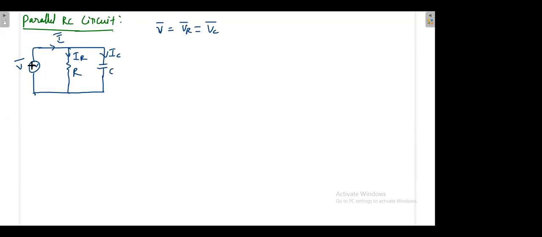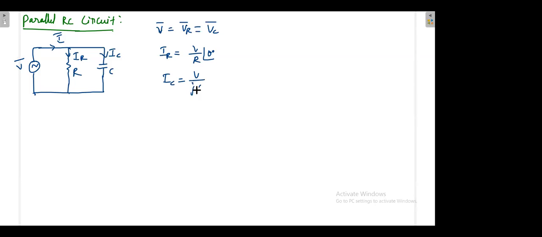The voltage across the resistance is V bar, and the current flowing there is IR, so these two will be in phase. I can write IR is equal to V divided by R without any phase delay, that's why 0 degree. And what is IC? IC is equal to V divided by XC, V divided by jXC.